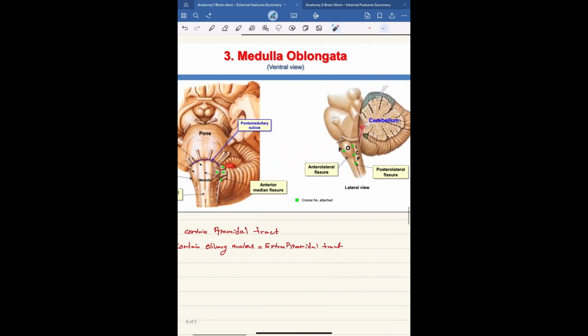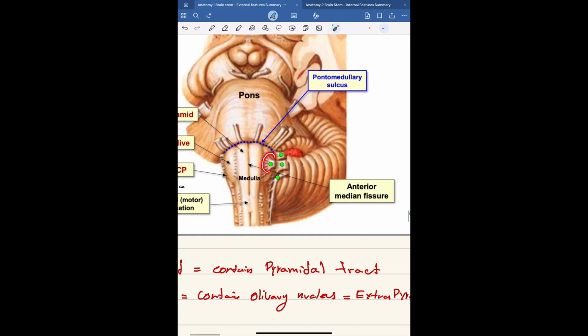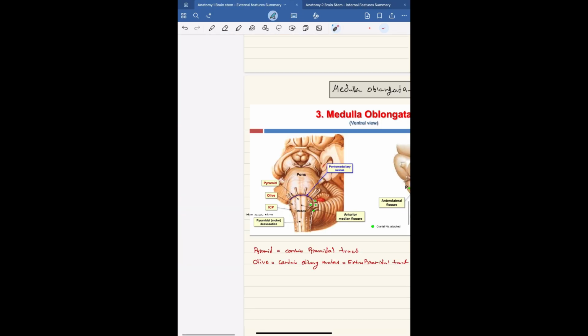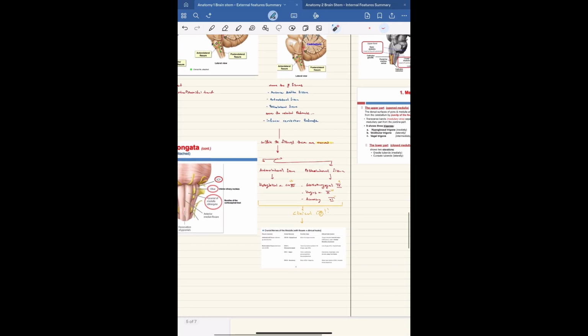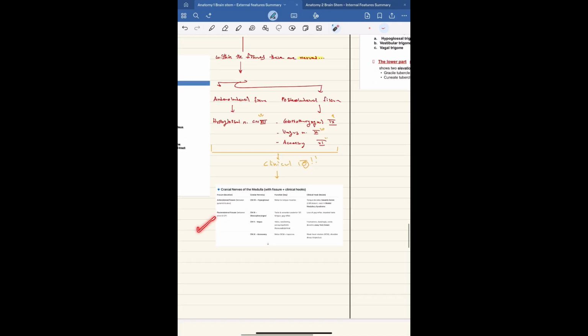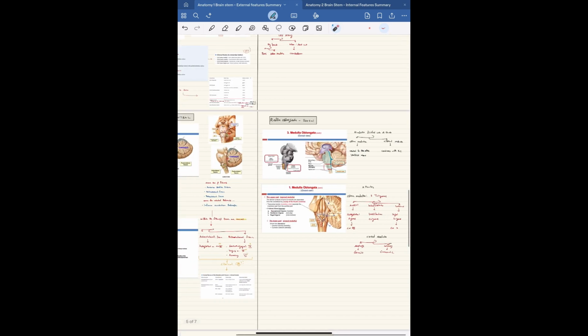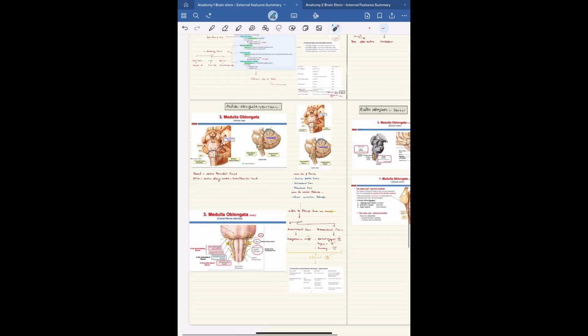So this is the hypoglossal nerve, cranial nerve number 12. These are the 9th, 10th, and 11th cranial nerves. Okay, that's it for identifying them. Here I included some enhancement for you. That's it for the ventral aspect.